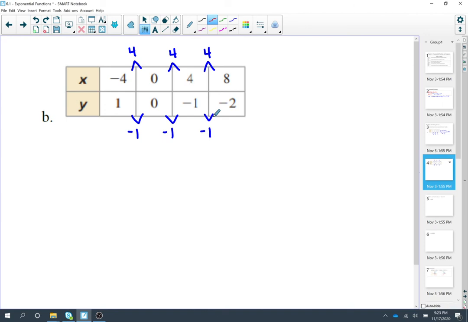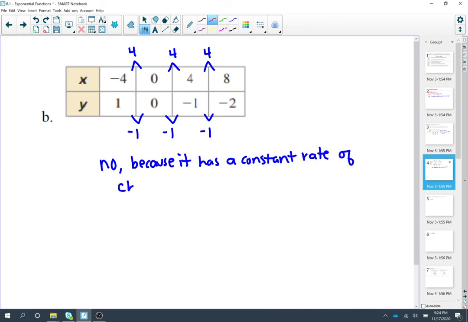Well, if I'm subtracting 1 and I'm looking for an exponential function, this would be no. Okay, this is not an exponential function, and it's because it has a constant rate of change. And if it has a constant rate of change, then that makes it linear. So this isn't an exponential function. This is a linear function.